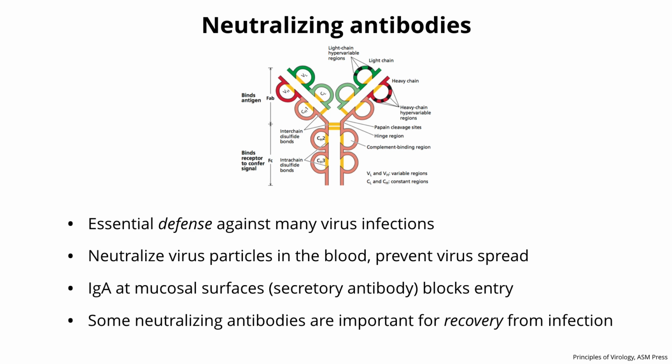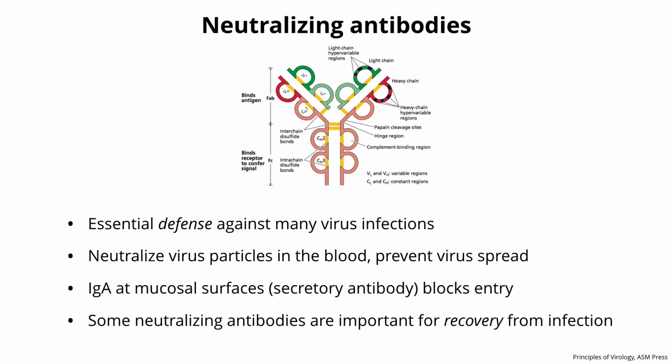These neutralizing antibodies can bind to virus particles and prevent them from infecting. That's exactly what we mean by neutralizing. And many of these are in the blood. IgG and IgM, of course, are circulating in the blood. They can neutralize virus there, or they can get into surrounding tissues. IgA has that special property of being able to get to mucosal surfaces, and that's a good place to be to block incoming viruses, of course.